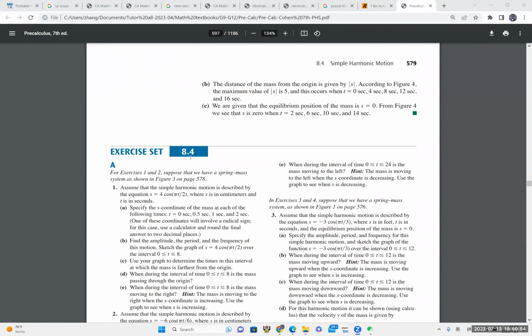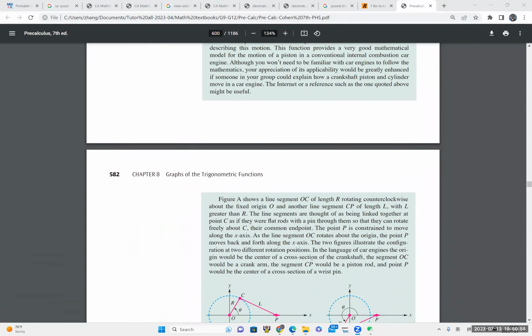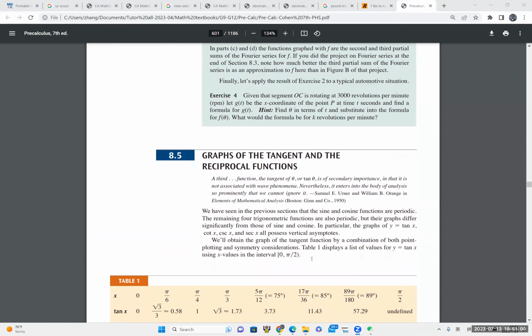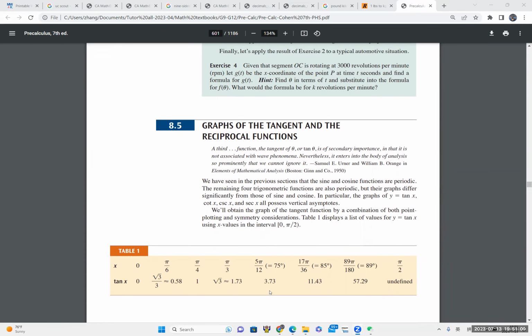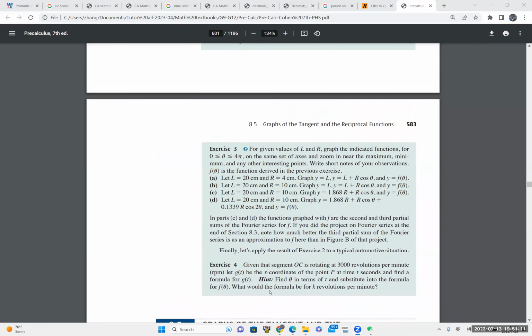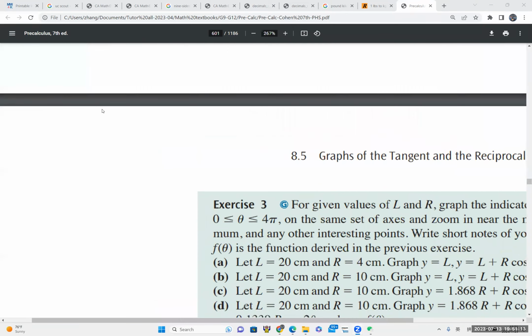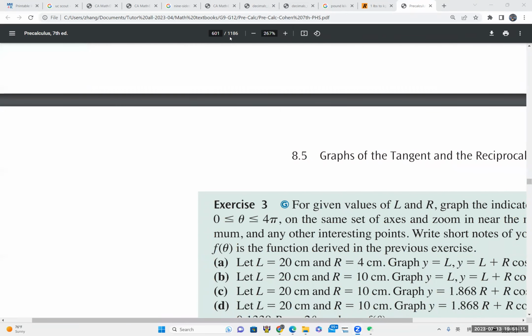Okay, so 8.4 we will just jump to: find the graph of the tangent and the reciprocal functions. Now let's talk about the tangent, y equal to tangent x.